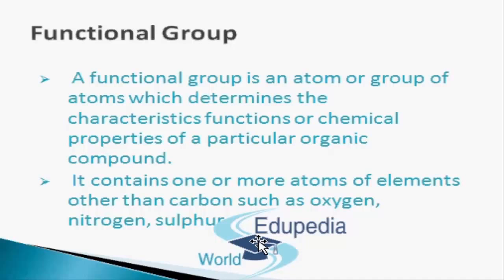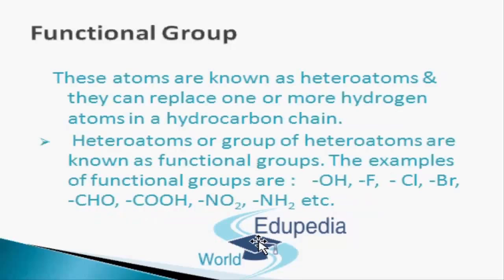A functional group contains one or more atoms of elements other than carbon, such as oxygen, nitrogen, sulfur and halogens. These atoms are known as heteroatoms, and they can replace one or more hydrogen atoms in a hydrocarbon chain.